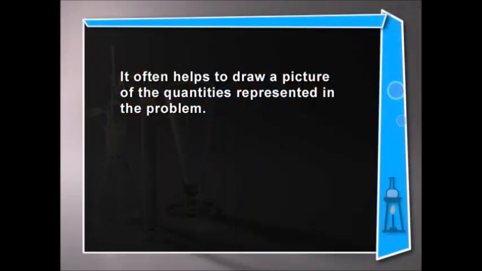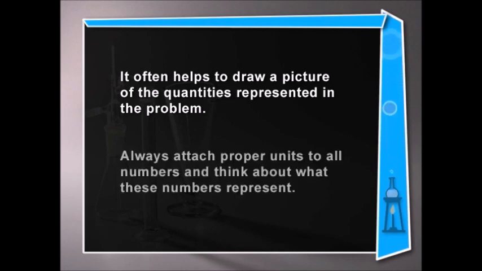Picture the grams, picture the moles, picture the grams per mole. Visualize that problem. It often helps to draw a picture of the quantities represented in the problem. And as we go along, I'll show you what I mean by pictures of chemical quantities.